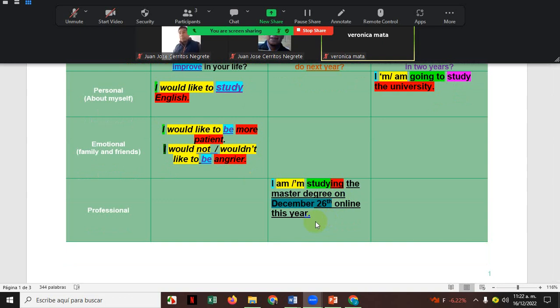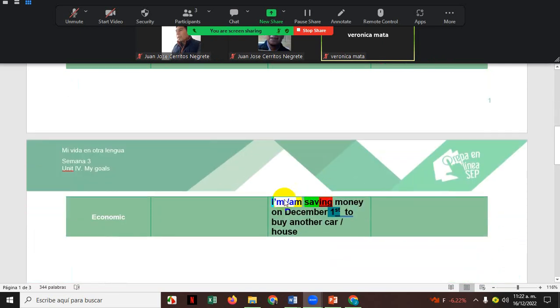Three elements are here: the subject in blue color, the auxiliary verb to be, in this case 'm, and the main verb in ing form, studying. Or another one: I'm saving money on December 1st to buy another car or another house.